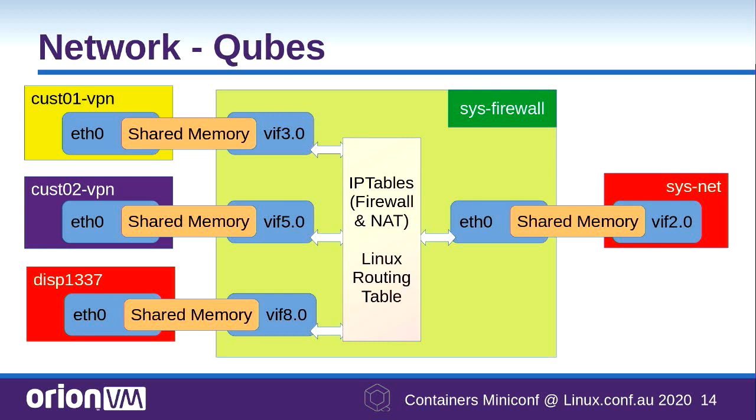From inside the cube, it looks like a standard networking card. When you send a packet to it, it will be copied into the shared memory region, and then the other card will see that, copy it into its own memory region, and that will be passed along as needed until it hits, in this example, sysnet, which will then contact the physical driver and send that packet off.